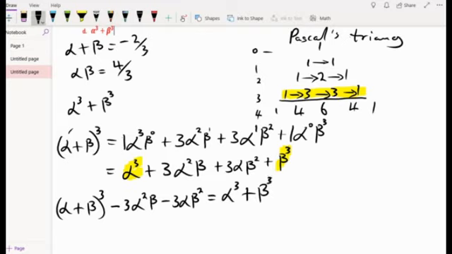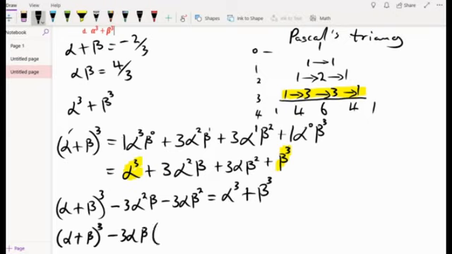But remember, we are looking for alpha beta, not alpha square beta. So that means we need to take care of this by factorizing. So we take care of them by factorizing them. In factorizing, we're going to have alpha plus beta cube. So what is common is minus 3 alpha beta.